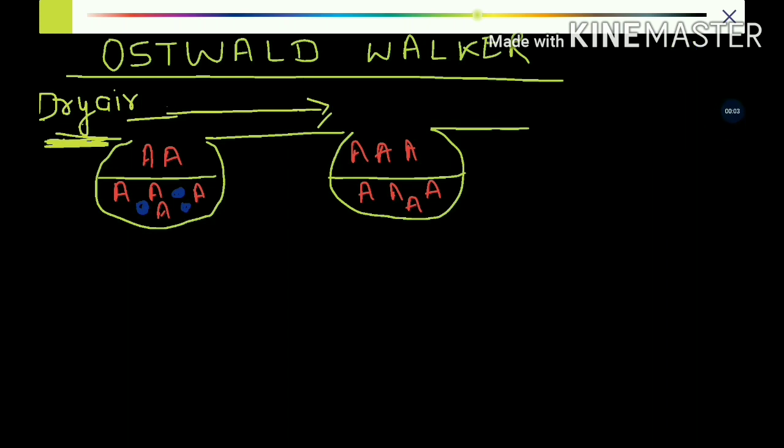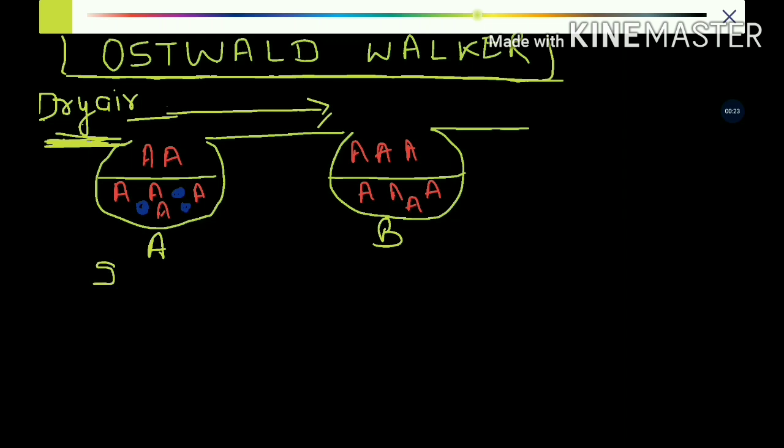Now let us discuss the Ostwald-Walker method to find out experimentally the relative lowering of vapor pressure. So for the experimental finding of relative lowering, we take two bulbs, A and B, which are interconnected.